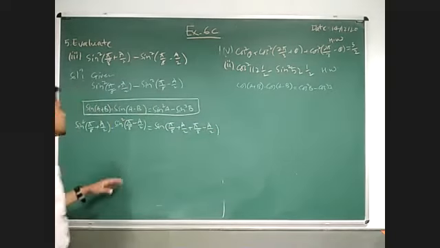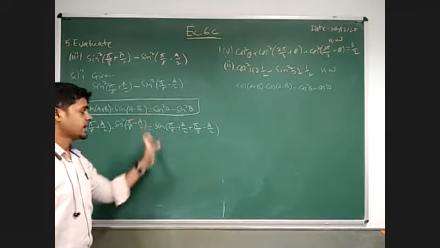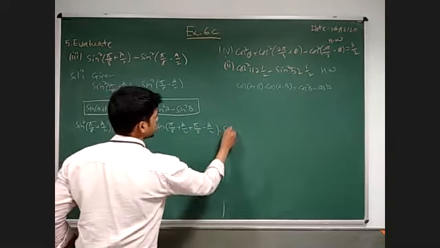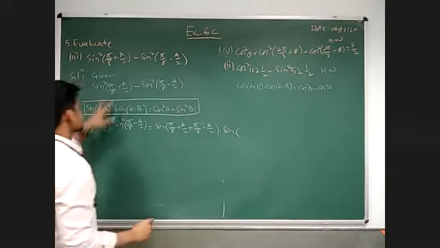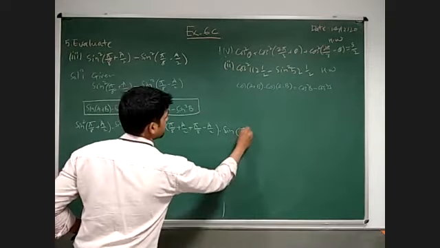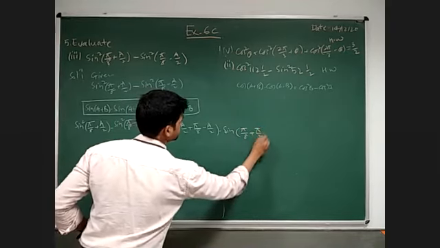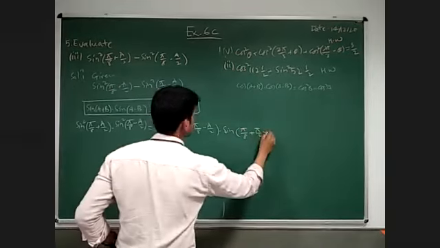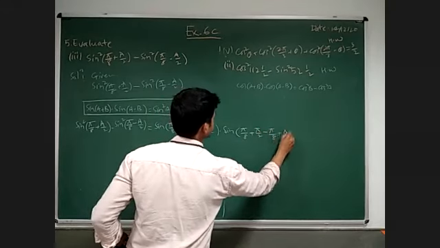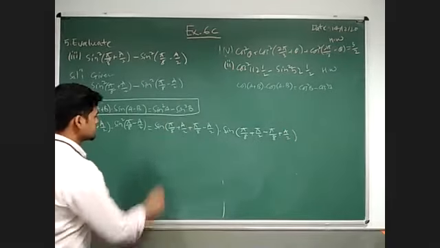Here I take this and this and just add them. Into sine of (pi by 8 plus A by 2 minus pi by 8 plus A by 2).